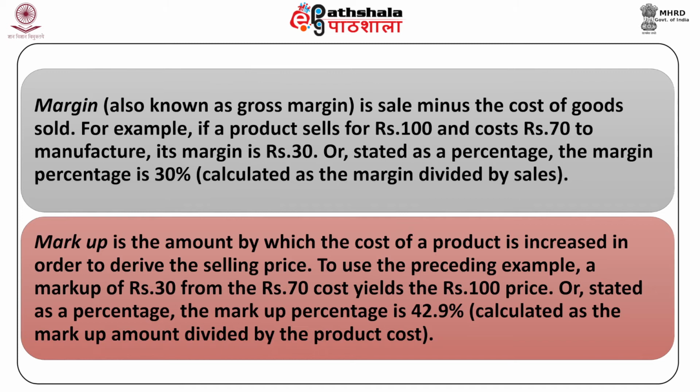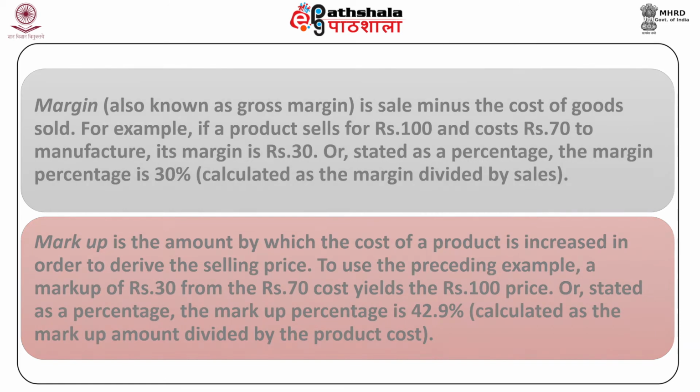Whereas markup is the amount by which the cost of a product is increased in order to derive the selling price. To use the preceding example, a markup of rupees 30 on the rupees 70 cost yields the rupees 100 price, or stated as a percentage, the markup percentage is 42.9%, which is calculated as the markup amount divided by the product cost.